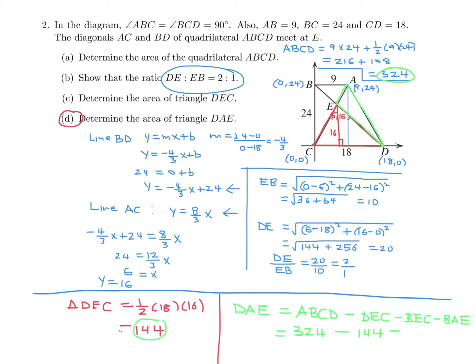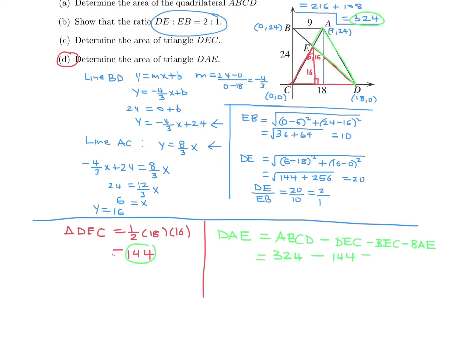And then BEC is pretty straightforward. That's just 1/2 base times height. So 1/2, the base is 24, and the height is the x-coordinate of E, which is 6. And then for the small guy, again, 1/2 base times height.